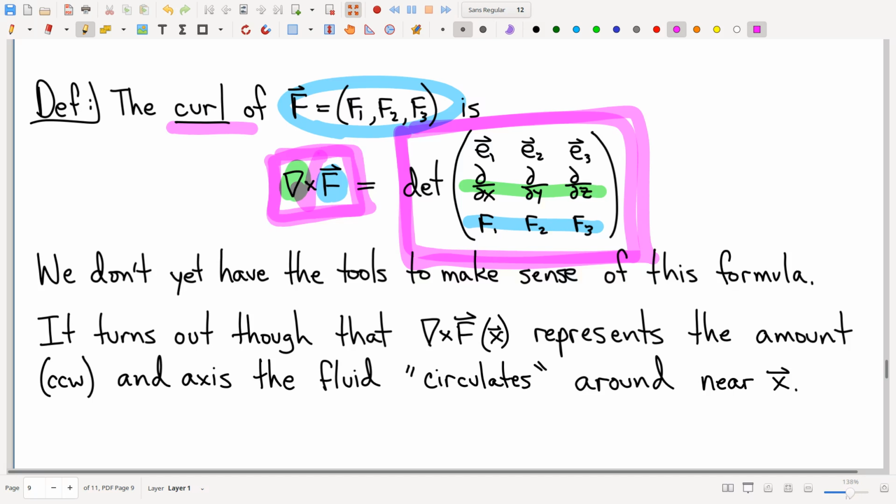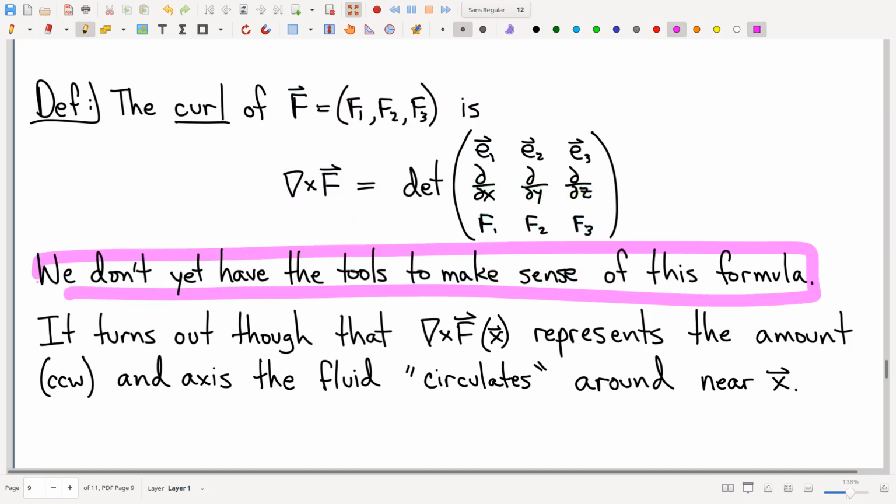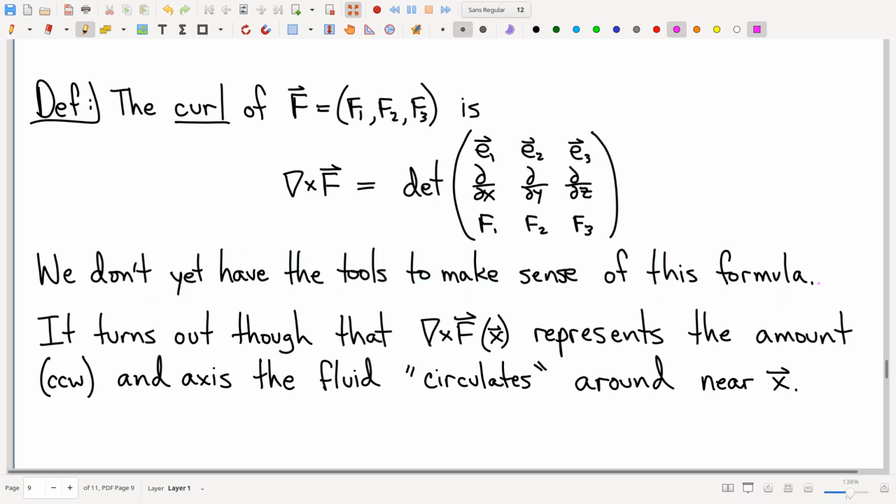Okay, why? And what does this look like? Full disclosure, we're not even close to being able to make any sense out of this yet, so you just have to take my word for it. The answer is that curl represents, in some sense, how a fluid is circulating around a point.